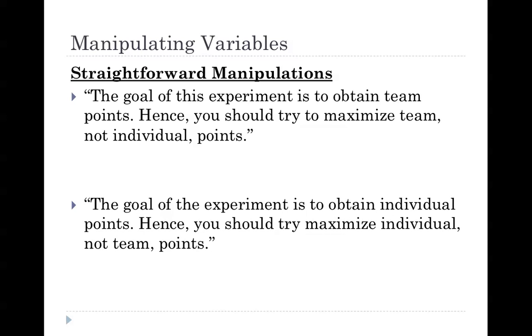Treatment 2, the goal of the experiment is to obtain individual points. Hence, you should try to maximize individual, not team points. So you would tell participants one of these. So participants would be in one room, let's say, and hear one set of instructions, and participants in another room would hear another set of instructions. This again would be a verbal type of straightforward manipulation.